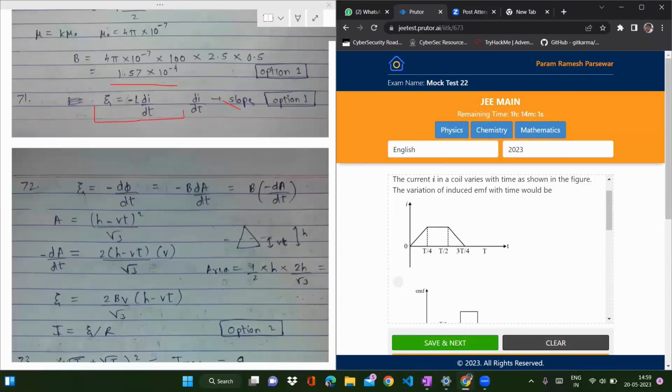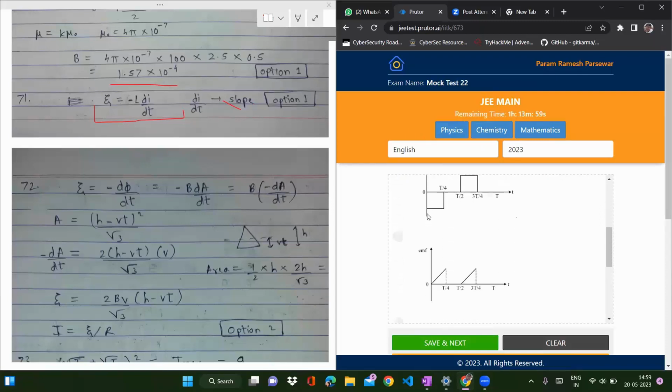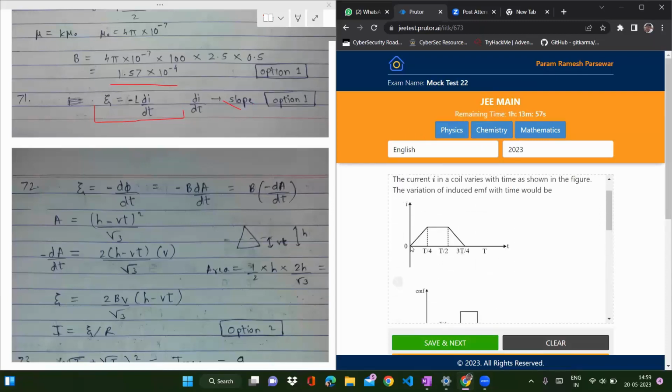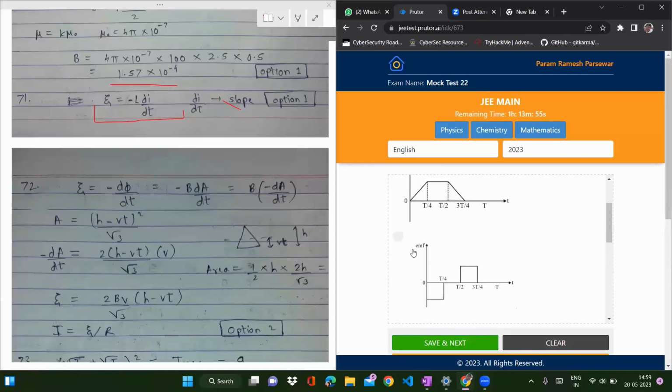As the slope is positive, induced EMF will be negative, and it will be a constant value because the slope also has a constant value. So the option which matches is only option number one. Also from t by 4 to t by 2, it will be 0 as the slope is 0. And from t by 2 to 3t by 4, the value will be positive as the slope is negative. So option number one is the answer.